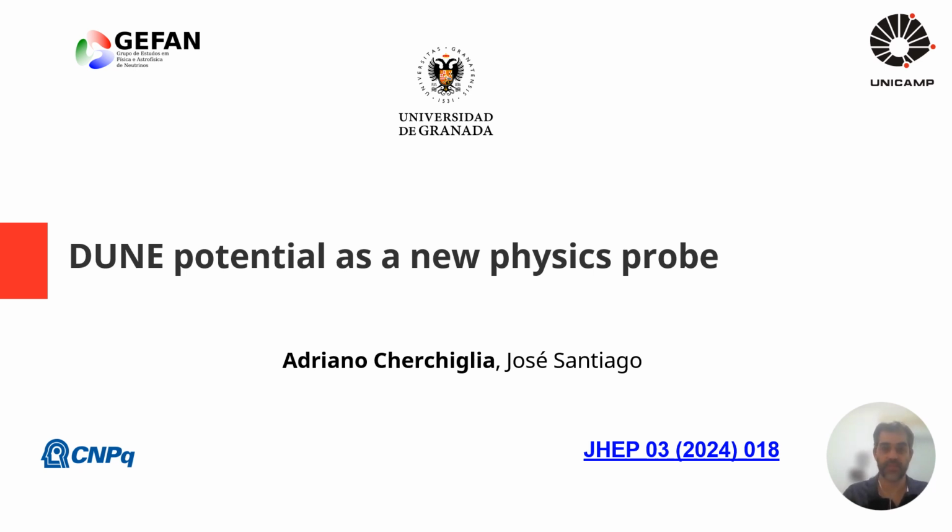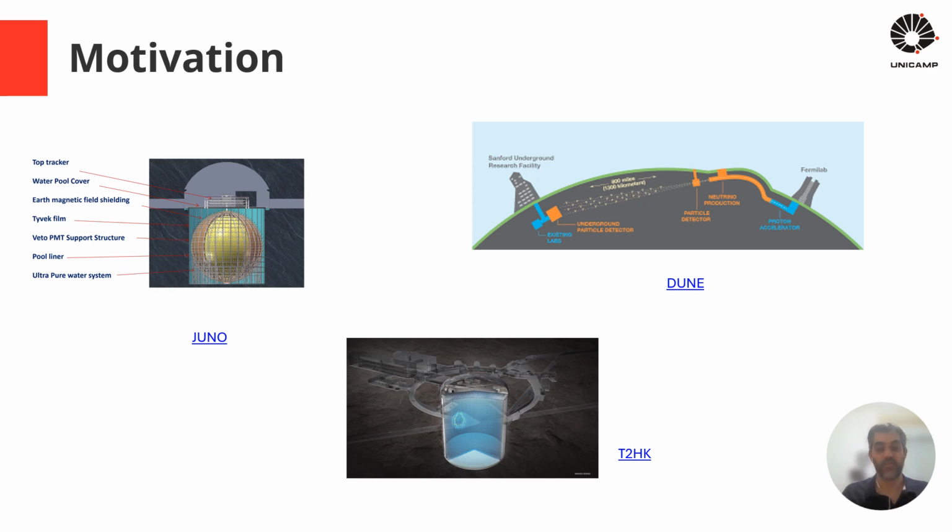So let's get started. As we all know, because the conference is mainly neutrino physicists, there is a very exciting neutrino experiment program in the upcoming years. Here I'm just bringing three experiments: JUNO, Hyper-Kamiokande and DUNE.